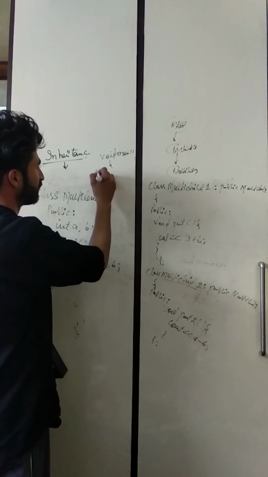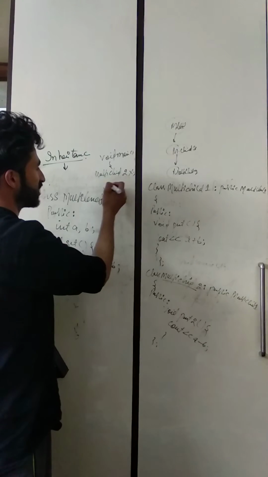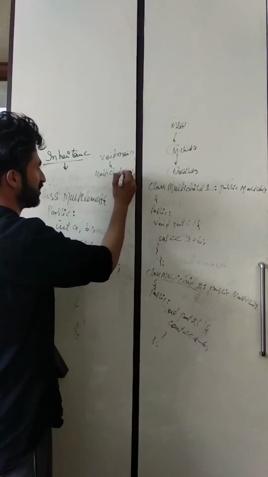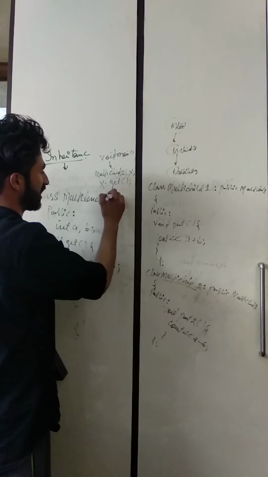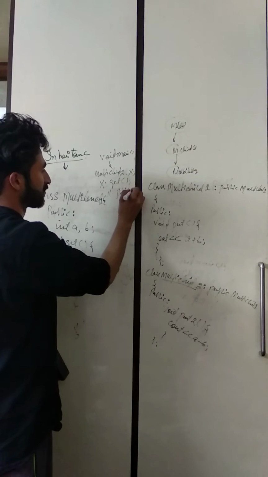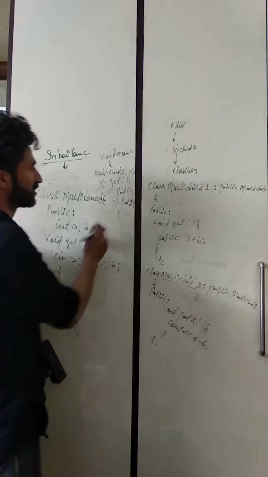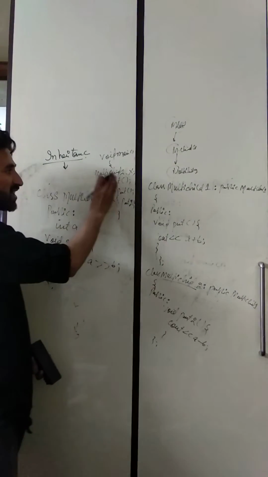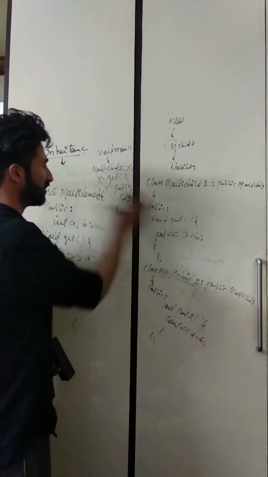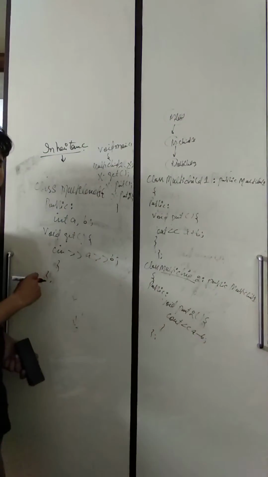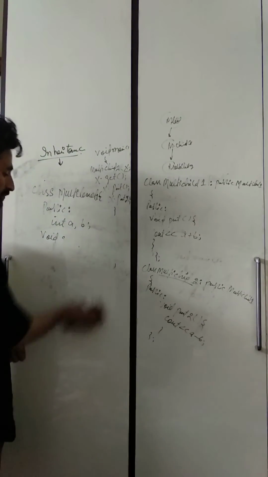So I am writing multi-child 2, x is the object, x dot get, x dot put, x dot put 1, put 2. So all the member functions which are accessed in multi-child 2 can be accessed through the object of multi-child 2. So this is what we have as multi-level inheritance.